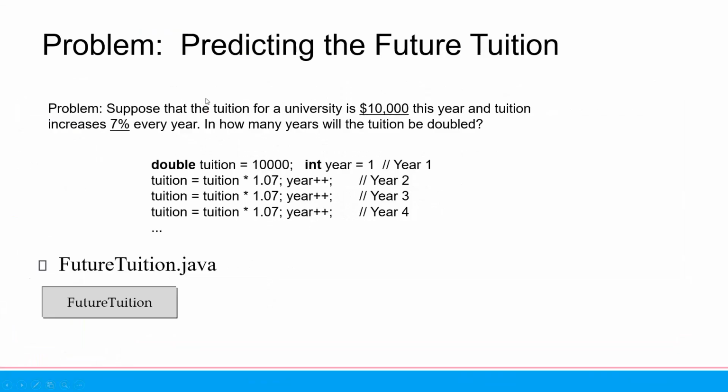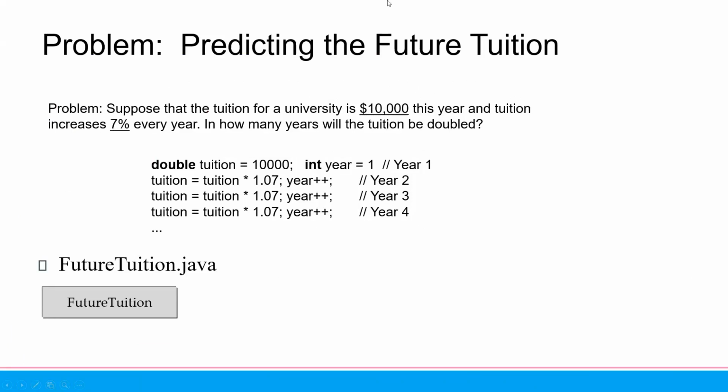Suppose I have my tuition fee at P. I want to know the tuition fee this year. And I know that the tuition fee this year is 10,000 US dollars. And the tuition fee increased 7% every year. So how many years will the tuition fee double?